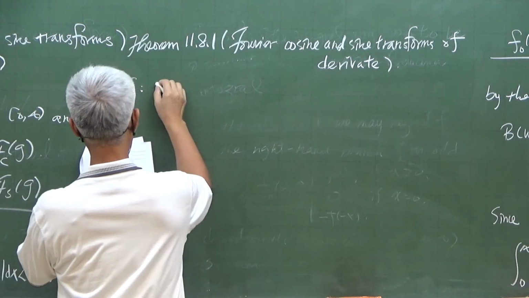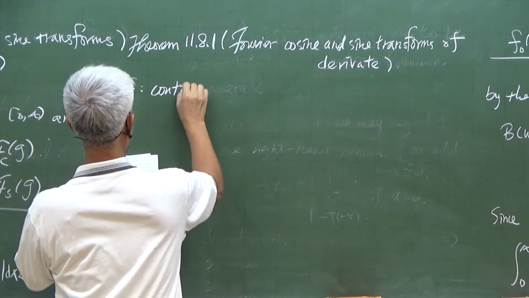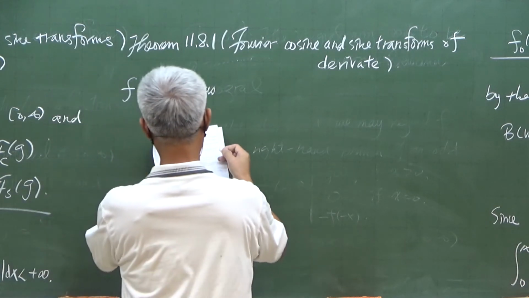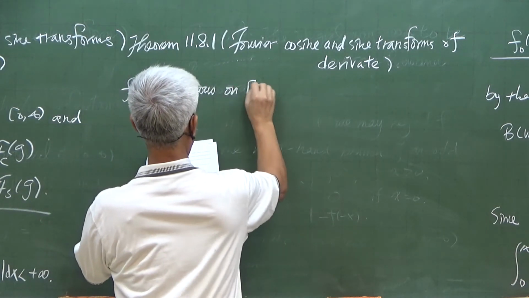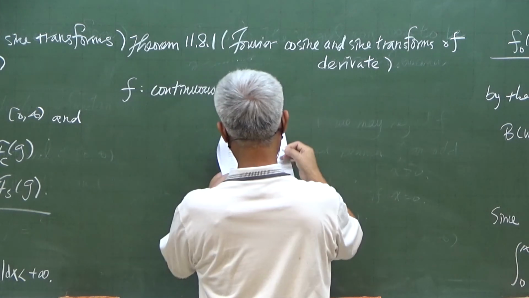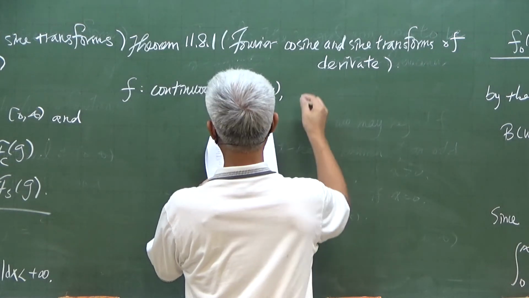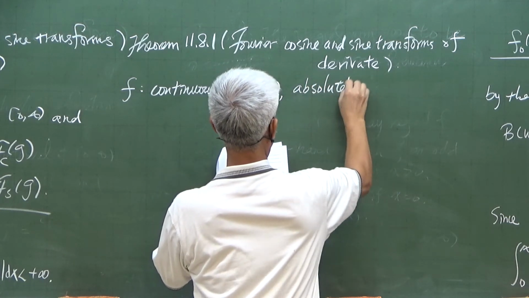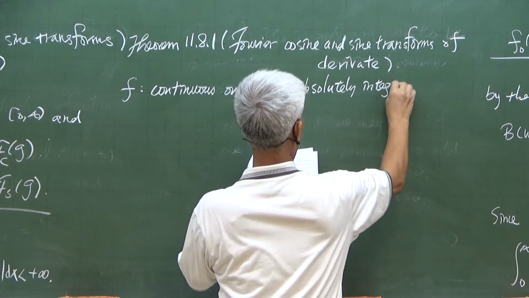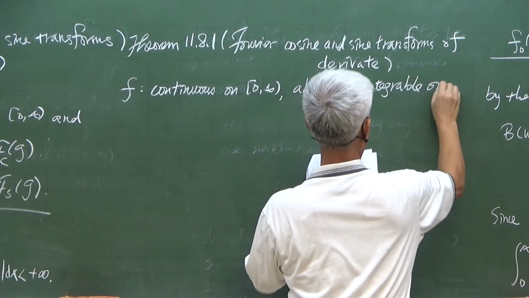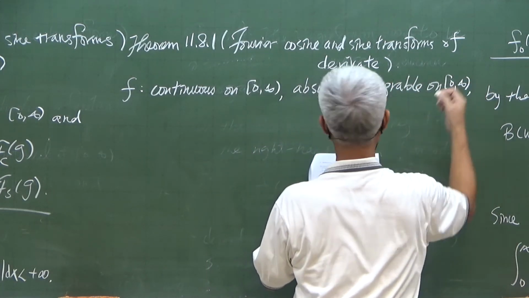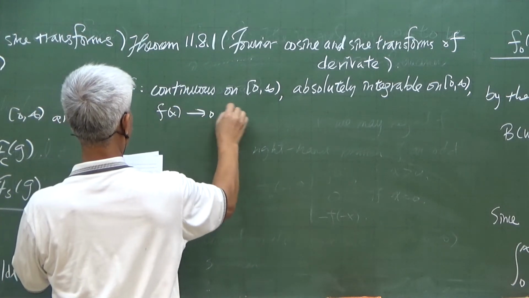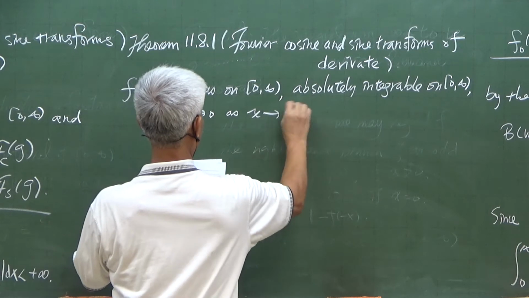So about f itself: f is continuous on the semi-infinite interval, f is absolutely integrable on the interval, and f of x goes to 0 as x goes to infinity.